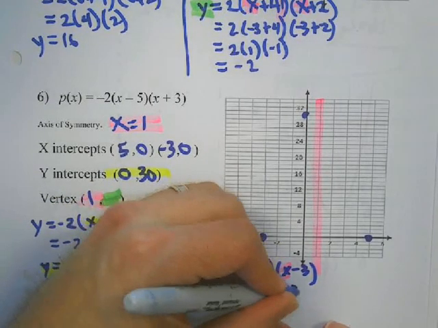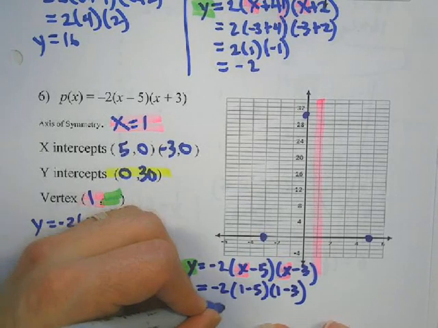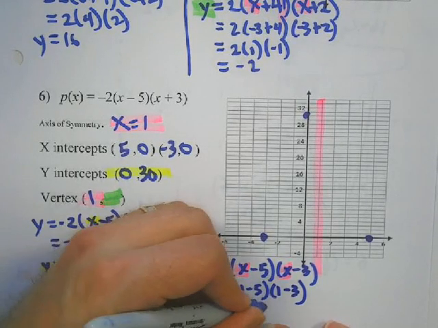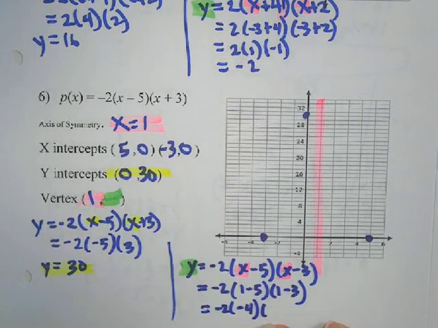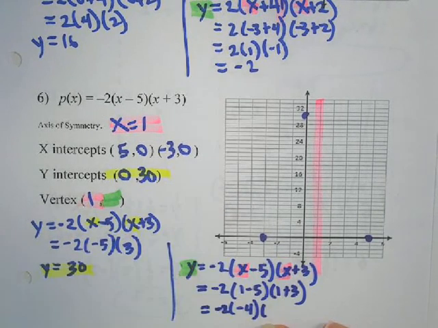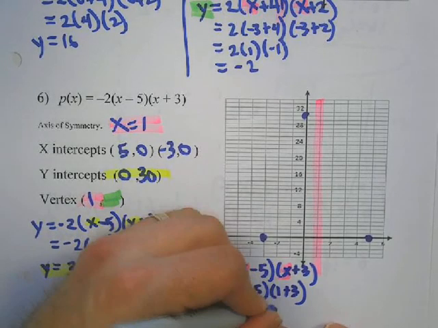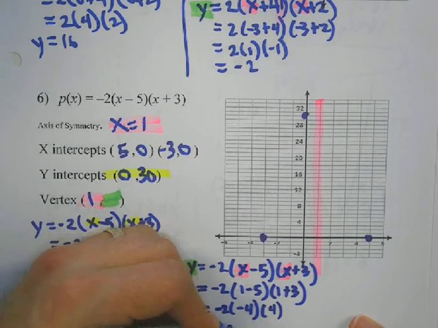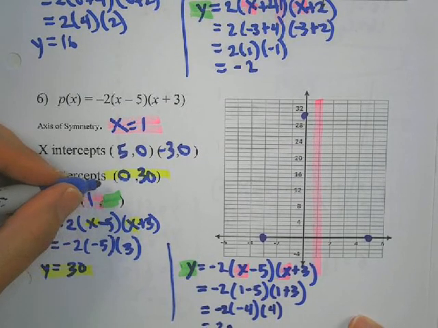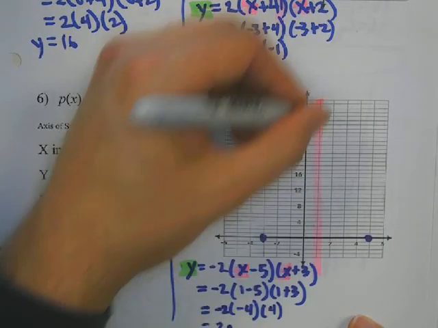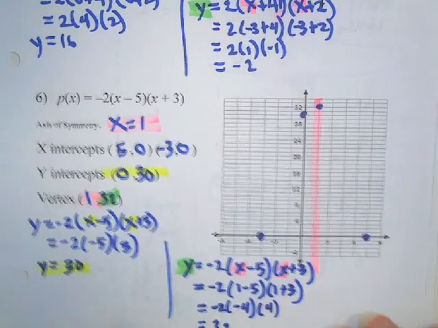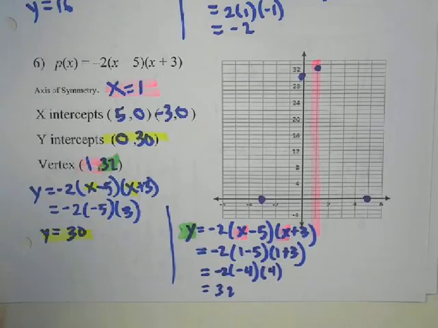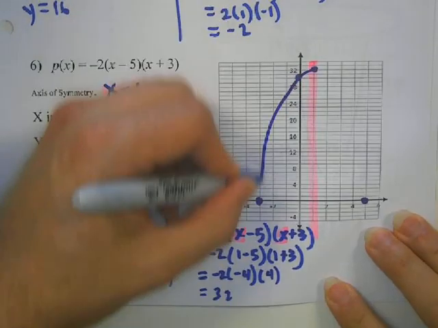So that's going to give me negative 2 times negative 4 times 4. Oops, this should be x plus 3. And negative 2 times negative 4 is 8, and 8 times 4 is 32. So this is going to be 1 comma 32. 1 comma 32 is up here. Okay, great. Now I've got all my points that I need, and I can plot my graph. And we're done with this handout.